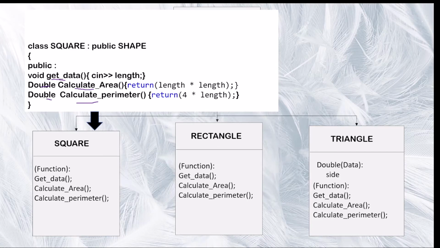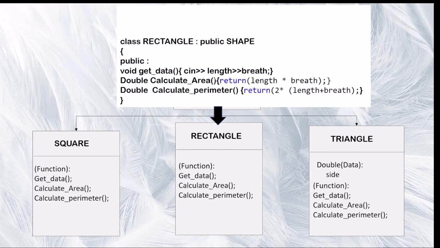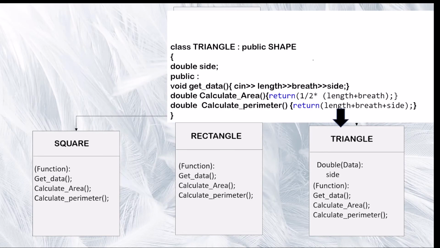The same thing for rectangle: get data, calculate area, and calculate perimeter. The same for triangle. Only the formula differs to calculate the triangle area and perimeter.